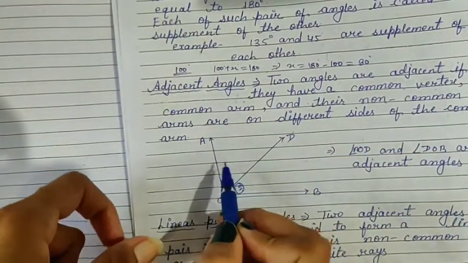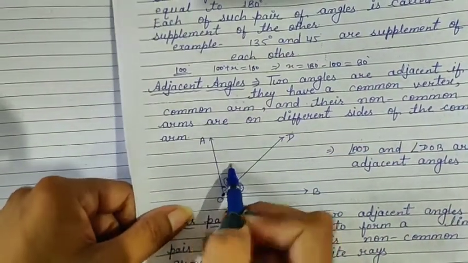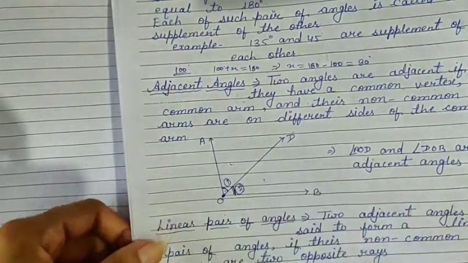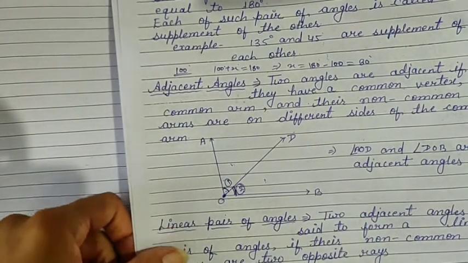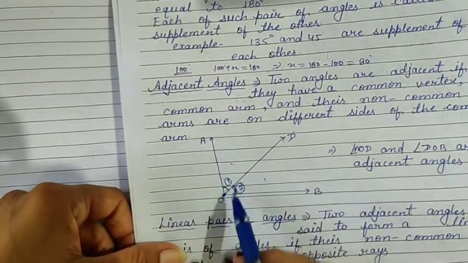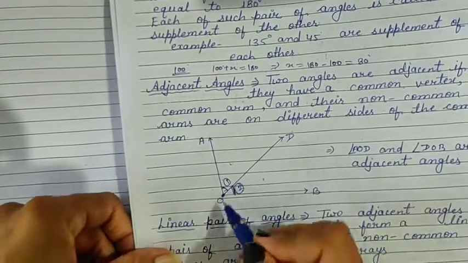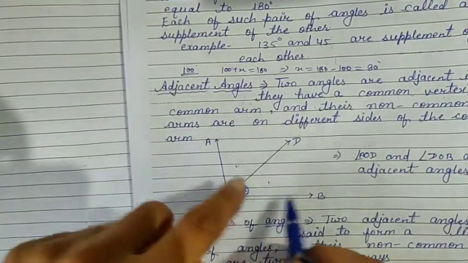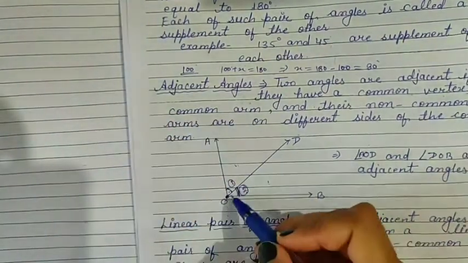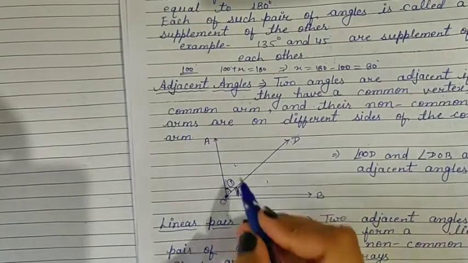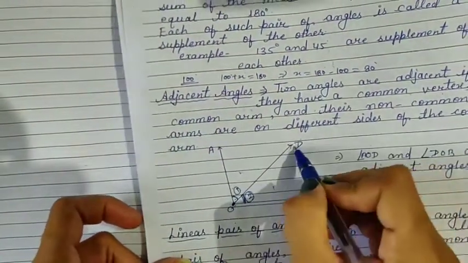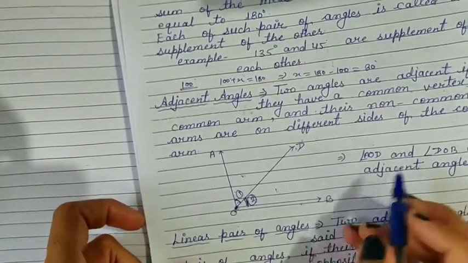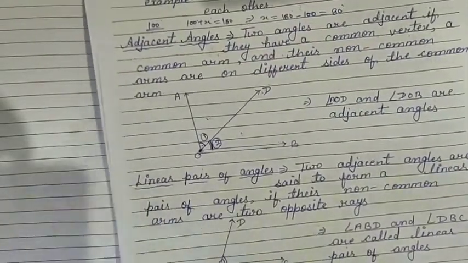This is also used in the formation of this angle, and this is also used in the formation of this angle. And their non-common arms OA and OB are on different sides of the common arm. These two arms OA and OB are on different sides of the common arm OD. So angle AOD and angle DOB are adjacent angles.